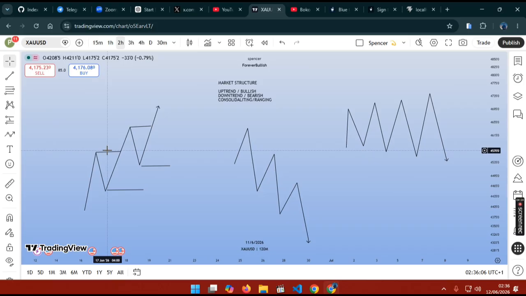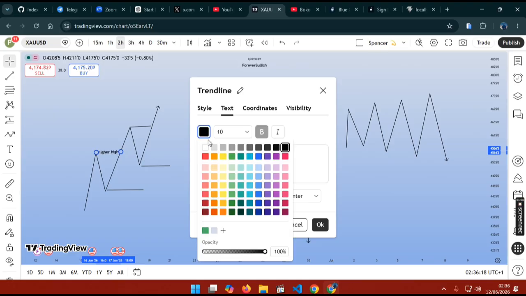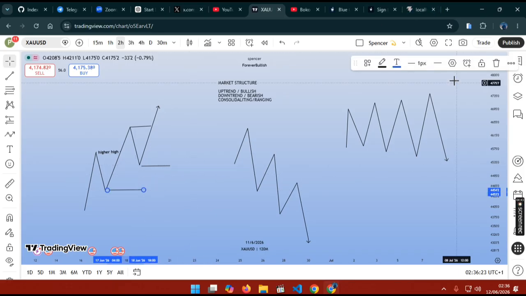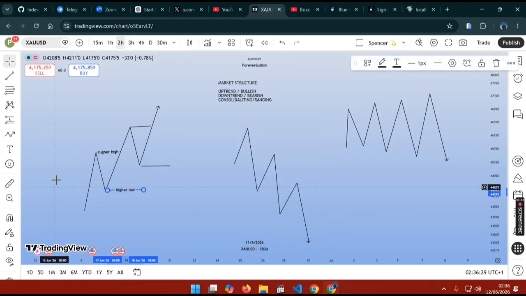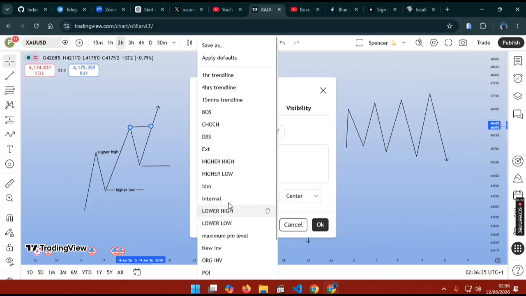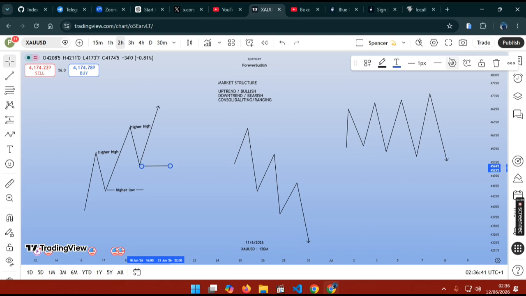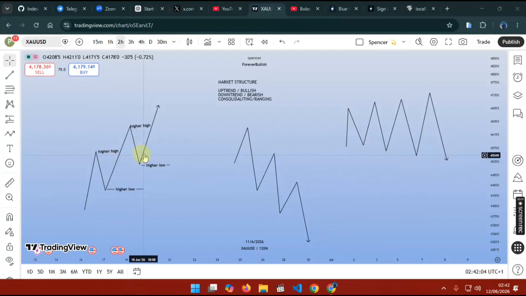So we have our higher high here, our higher low, and the same thing here, our higher high.